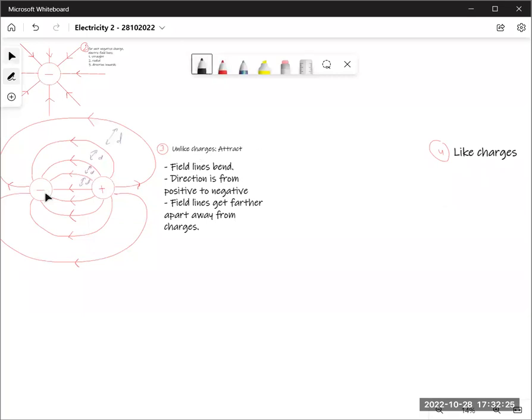So again, I'll have to get a positive charge. Well, I need to have charges which are similar. So if I take positive and positive, two of the positive charges, and keep them together like this, what will happen is the field lines will look something like this. They will go up from here.